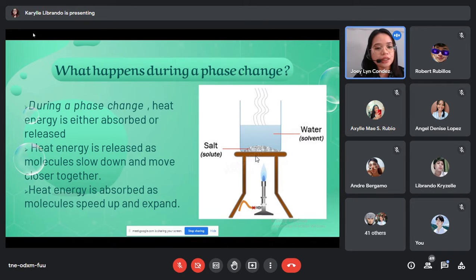From liquid, it can change into vapor or gas. On the other hand, if we're going to remove heat, everyone, the heat energy there is being released. The molecules will move slower. They will move closer together. Okay, let's have some examples wherein the heat energy is being absorbed. Okay, what kind of phase change? Let's have the next slide.